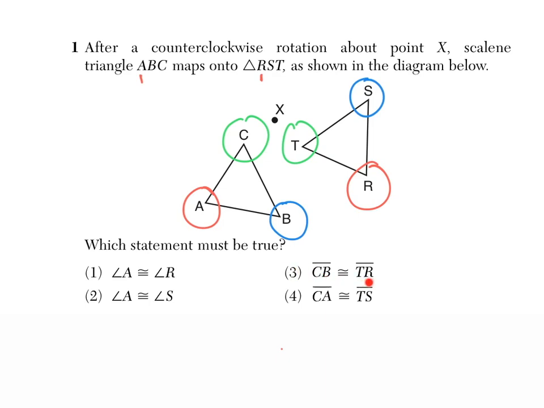Option 3, CB is congruent to TR. So CB, orange, blue, TR, blue, red. Nope, those are not aligned. And then CA is congruent to TS. So CA, green, red. TS, green, blue. No, that's not a viable option. The correct answer is A. Angle A is congruent to angle R.